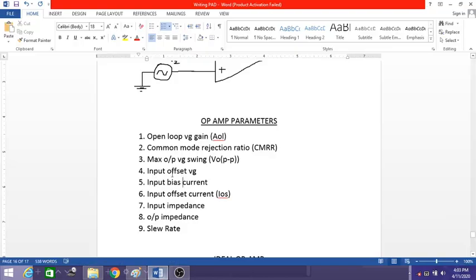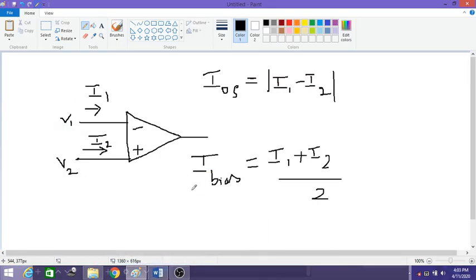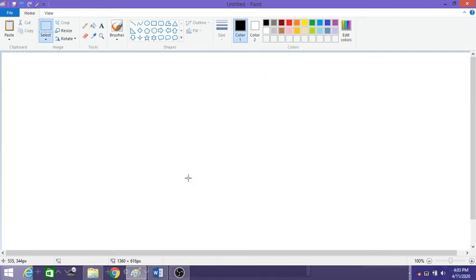Next, let us see the input impedance. Ideally we know that the input impedance is supposed to be infinity, but practically it is very high. Again there are two types of input impedance: one is the differential input impedance and the other is the common mode input impedance. So let us talk about it. Let me take the op-amp symbol here again.